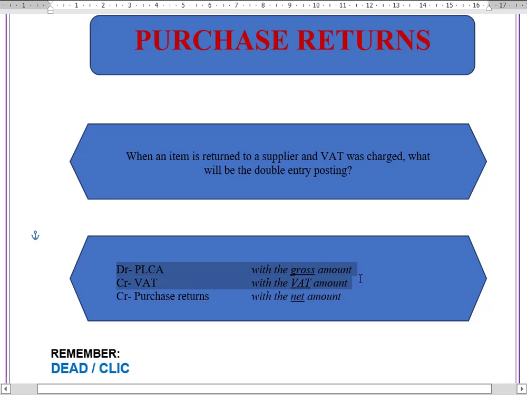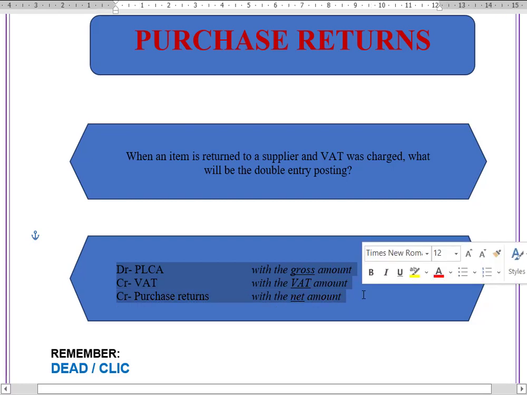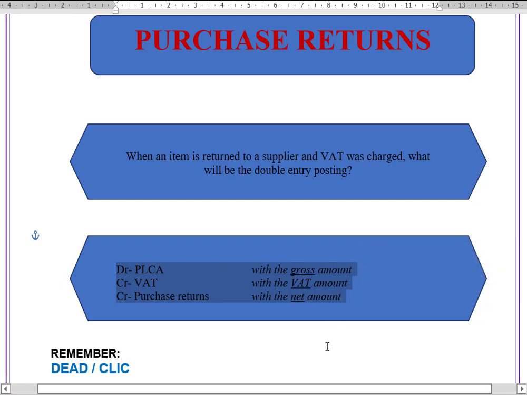And your VAT on purchases is now reducing. VAT on purchases is an asset to you, and that is now reducing. Then you have the purchase returns. Purchase returns is seen as income in your hands. That income is increasing technically, or better still, when you bought it, it was an expense to you. Now, it's the opposite.